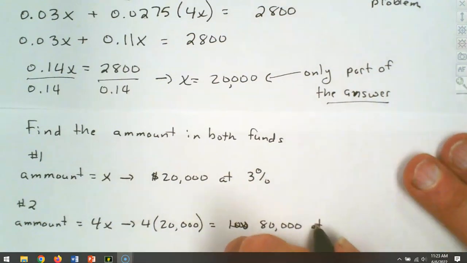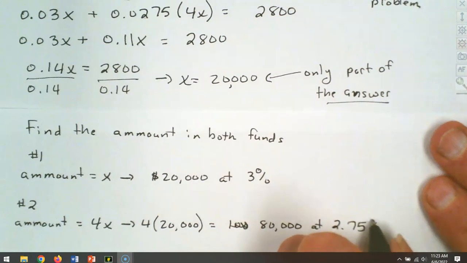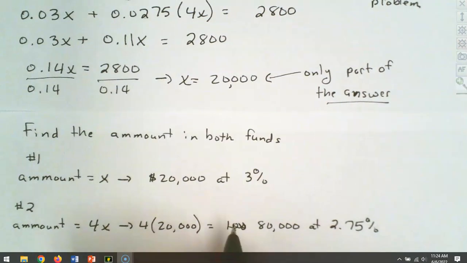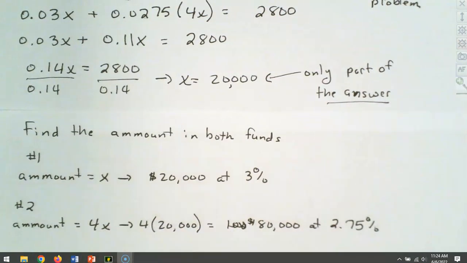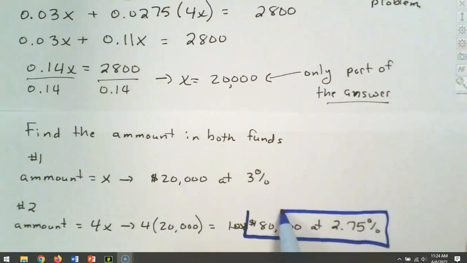And that is at 2.75%. So that's what we wanted. We've got $20,000 at 3%, and we've got $80,000 at 2.75%. These are our answers, and you want to label them with the percentages. That way you don't accidentally get them mixed up.